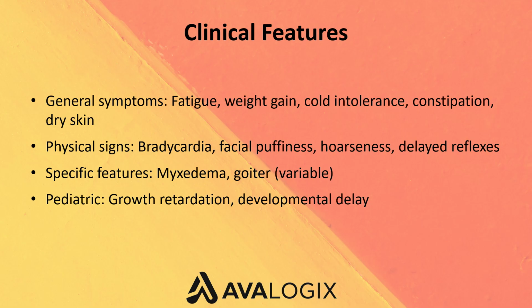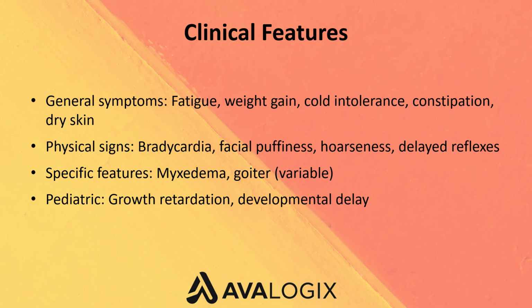Physical examination reveals bradycardia, delayed relaxation phase of deep tendon reflexes, a classic neurological sign, periorbital puffiness, and a hoarse voice due to vocal cord edema. Myxedema, characterized by non-pitting edema of the skin and subcutaneous tissues due to mucopolysaccharide deposition, imparts a characteristic dull facial expression.